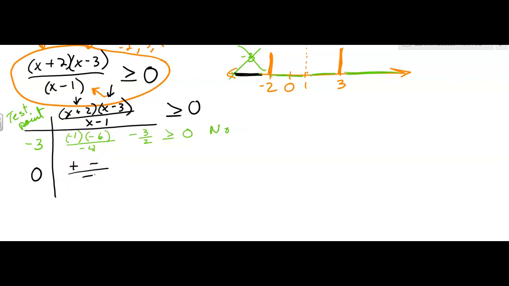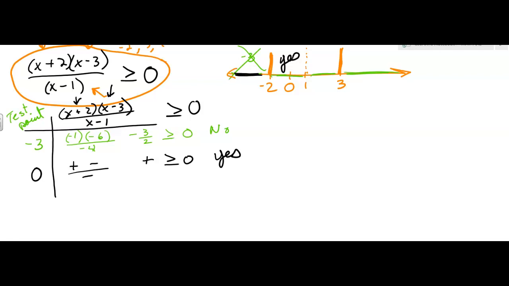Now I have a negative divided by a negative. Is that going to be negative or positive? It's going to be positive. Are positive numbers greater than or equal to 0? Yes. So yes, I'm including this section. I think of it in terms of positives and negatives. I don't actually think of the actual numbers, but you can do it either way, whichever makes more sense for you.